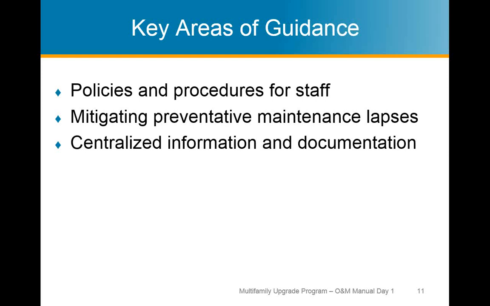It needs to be tied to something concrete and referable, in this case the O&M manual, that minimizes the chance of this preventative maintenance either being forgotten about or lost during staff turnover, or any number of reasons why that maintenance might start to lapse in terms of its frequency or its consistency of approach. And so we have to do everything we can as stakeholders, vendors, building engineers to mitigate that potential lapse in preventative maintenance.